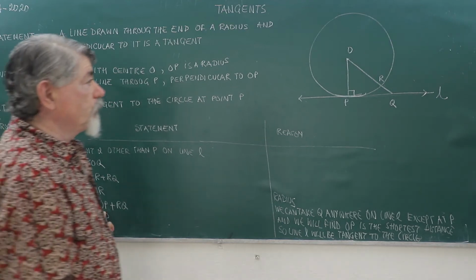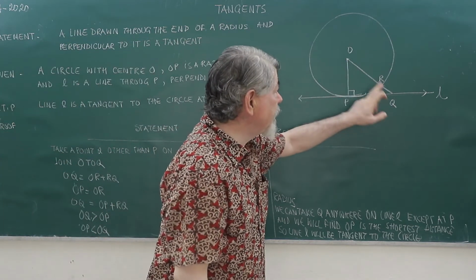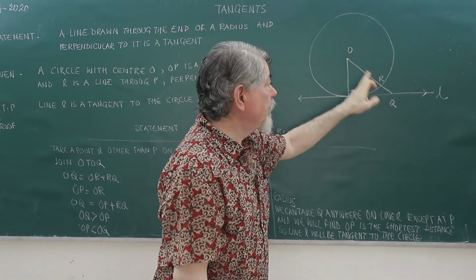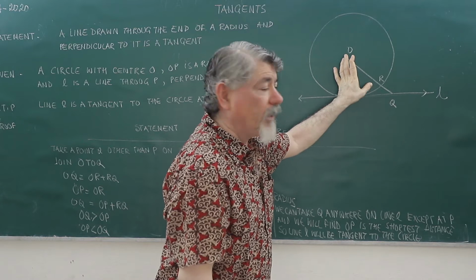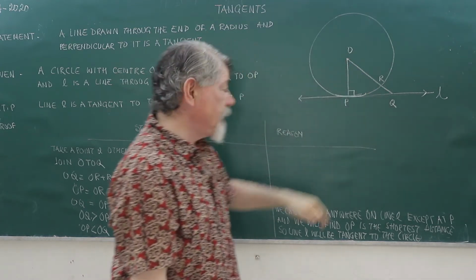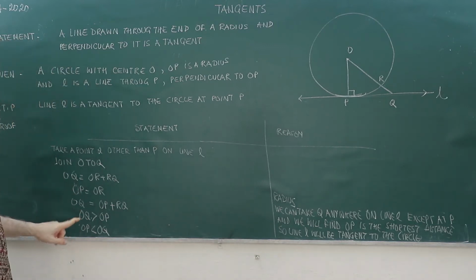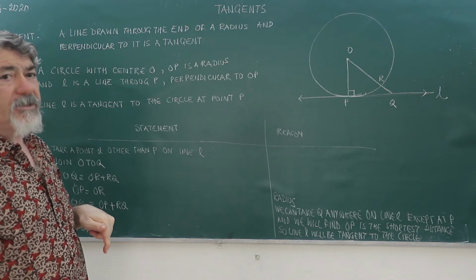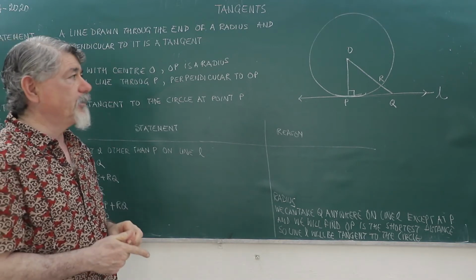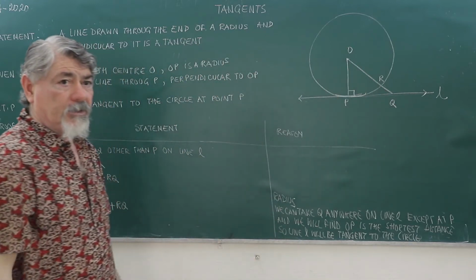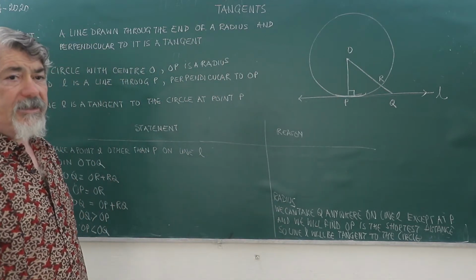Obviously, OQ is greater than OR, so OQ will also be greater than OP because OP and OR are equal. In the reverse fashion, OP will be less than OQ.